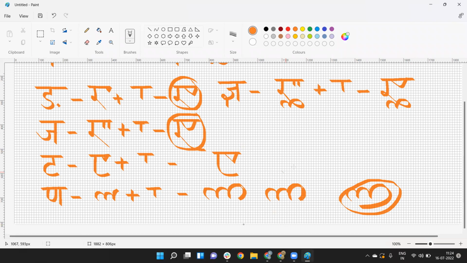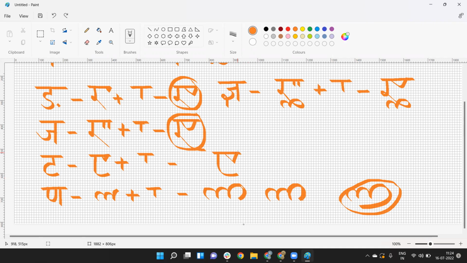If you have any confusion or any questions, then please unmute and ask before I move on to the next. I will show some examples and then we'll move to the next rule. Ma'am, in case of the triangle, the Shirorekha does not end at the start of the triangle. It extends beyond it, right? A little. What I've shown here, that much is fine, but not like Ja and Gya.